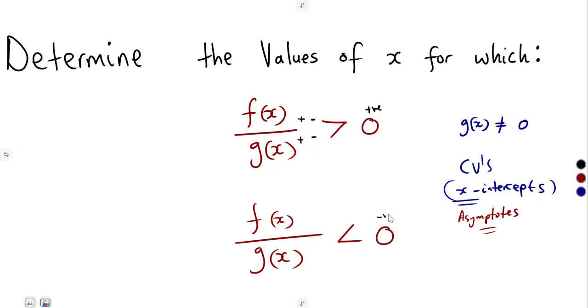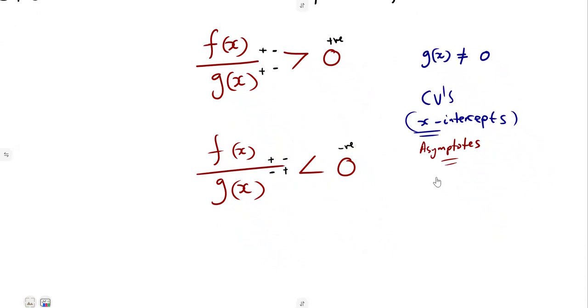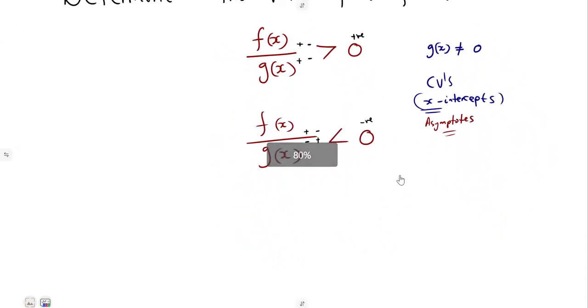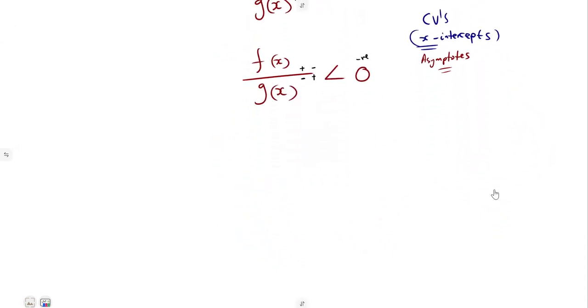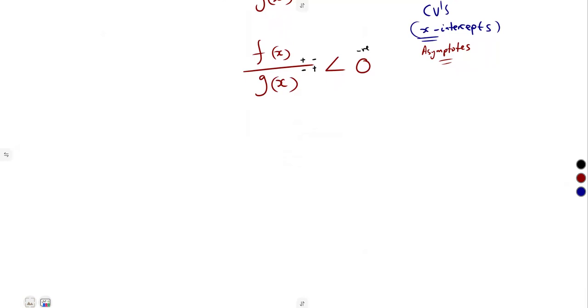To get a negative, it is either a positive divided by a negative or a negative divided by a positive, just like what we had on the product. I'm not going to waste your time because we had similar questions, only that they were under a product. This time it is just a division.